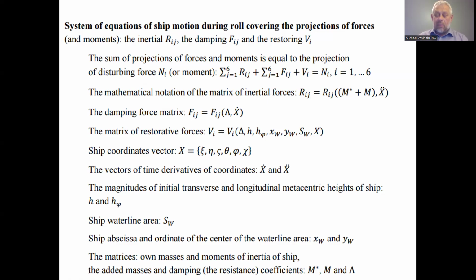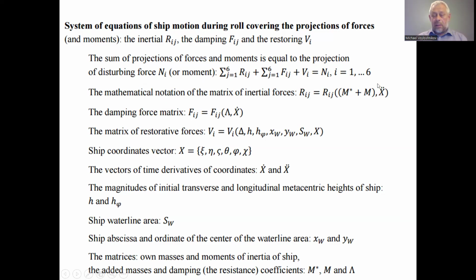And some of the arguments, like M, are the moments of inertia. So due to angular accelerations, there is a factor of the increase of the moments of inertia of the inertial nature. These are the moments of inertia plus the added moments of inertia of water.